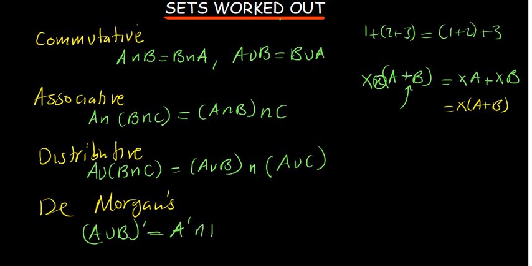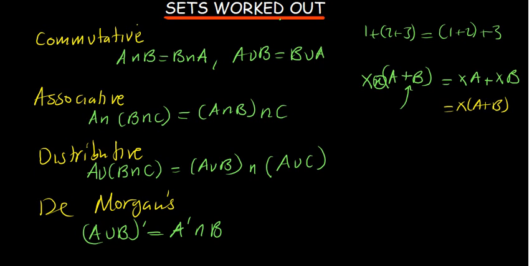It becomes intersection. Also the B will gain a complement, so both this one and this one gain a complement, but the sign will change. If there was an intersection here, then it becomes union. So this first one I've written is called the De Morgan's law of the union of two sets. Why? Because there is a union here. If I started with an intersection, that's the De Morgan's law of the intersection of two sets.